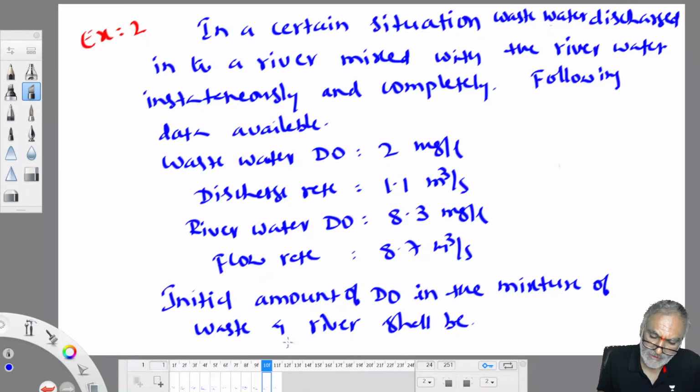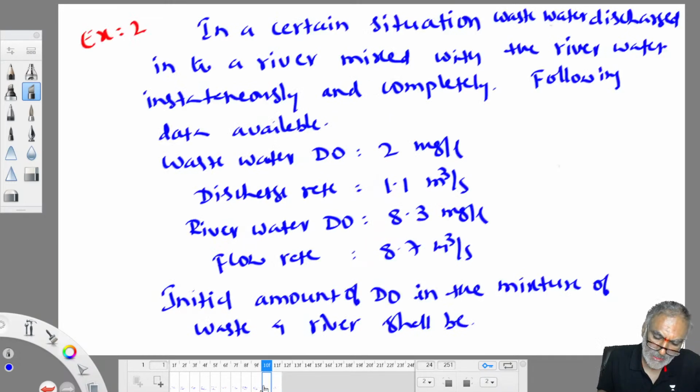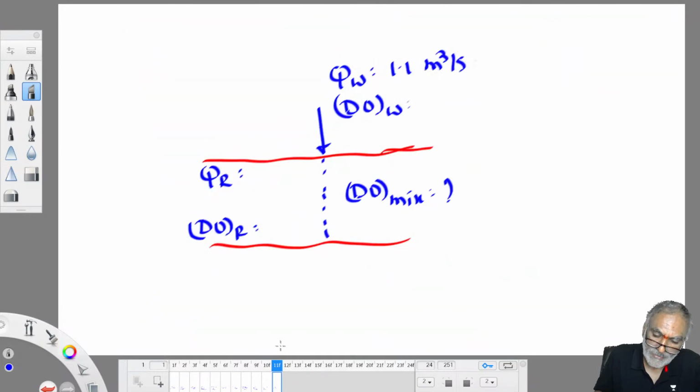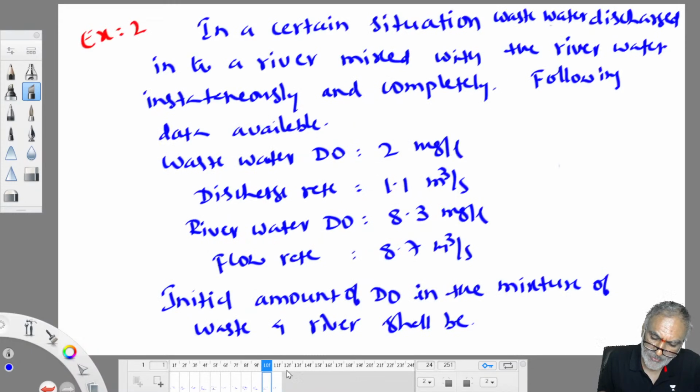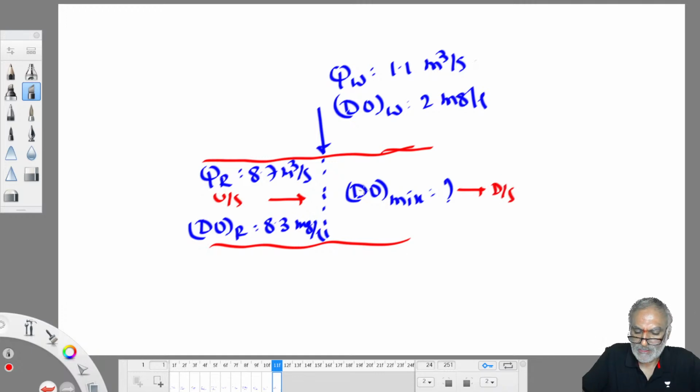So QW is given as 1.1 meter cube per second with DOW 2 milligram per liter. You don't find much DO in wastewater. River water is 8.3 milligram per liter, flow rate 8.7. So it is flowing from upstream to downstream.